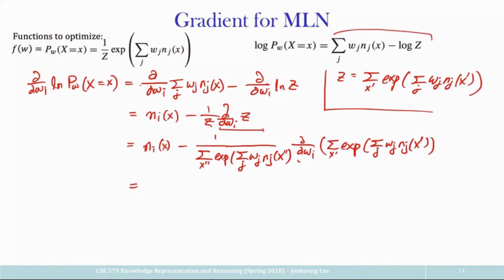So if we look at this derivative, this is the sum of exponential functions. So the derivative of this will give the exponential function, and then the derivative of the argument of the function.